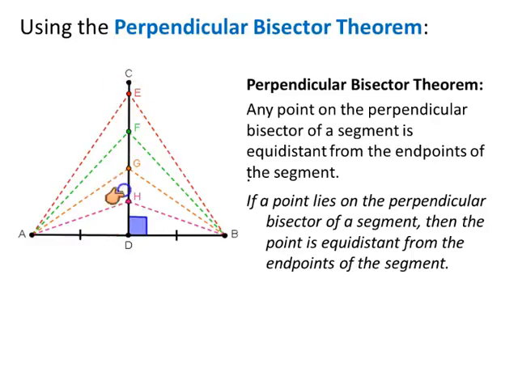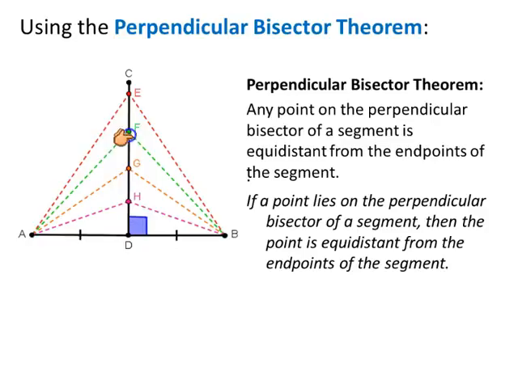Here's this black line, segment CD. Segment CD is the perpendicular bisector of segment AB, because we can see that it bisects the segment at a right angle, and it does so at the midpoint, because it divided segment AB into two equal parts.